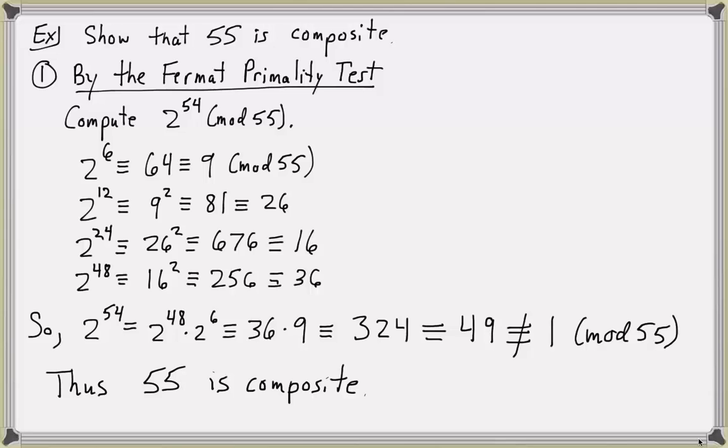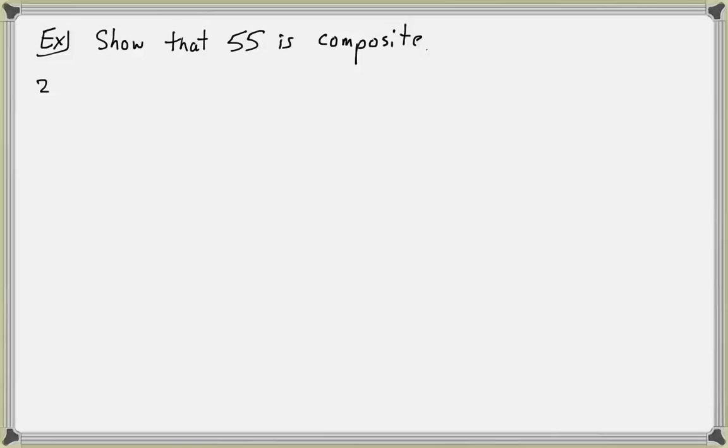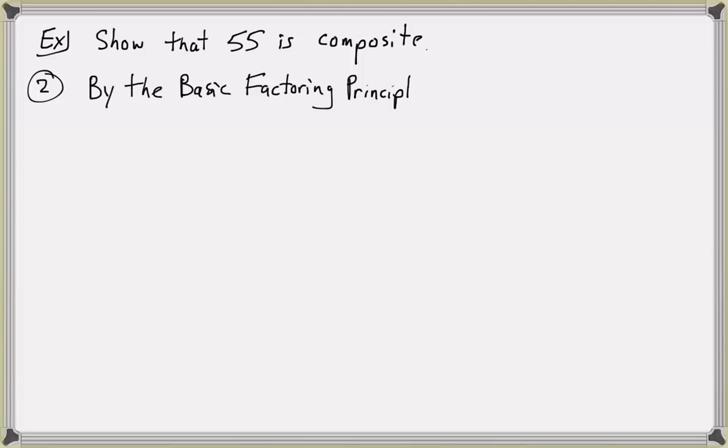But notice that we still haven't actually factored 55. So now I want to use the basic factoring principle. So notice that 8 squared, which is 64, reduces to 9 mod 55, but 9 is the same as 3 squared.